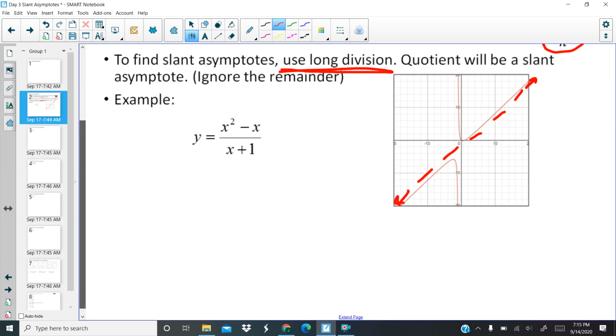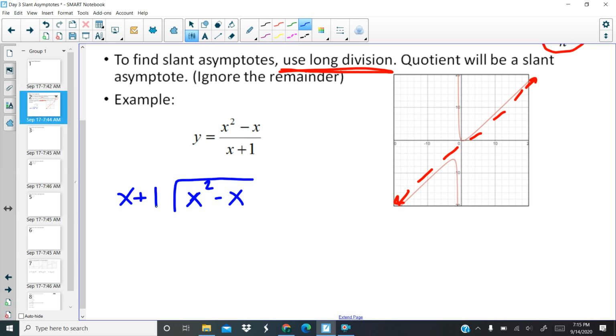So we're just going to do this example right here at the bottom, where we have y equals x squared minus x over x plus 1. So we need to do long division on this. So we're going to have x squared minus x divided by x plus 1.